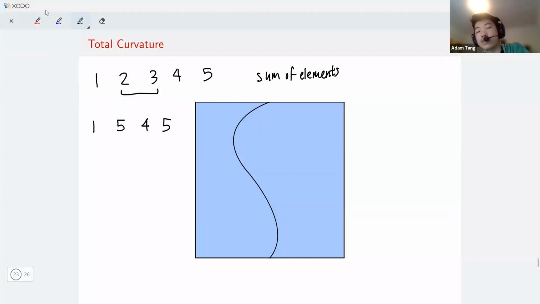1 plus 2 plus 3 plus 4 plus 5. No matter how many times we perform this operation on any two numbers, the total sum of all the elements will not change. So, for example, we can do it again. Well, 9 is the same as 5 plus 4, so the total sum does not change.